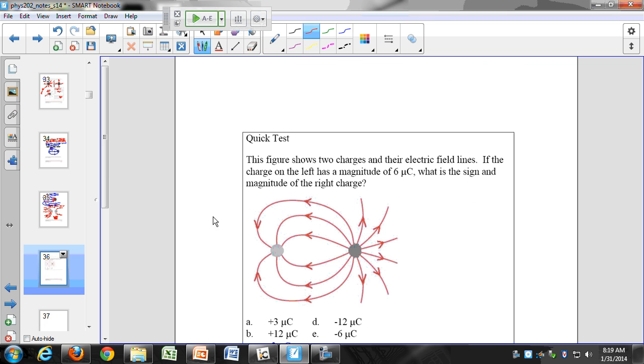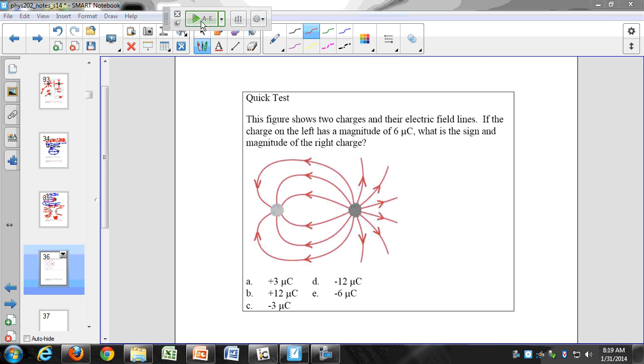All right, let's try this quick test, then we'll finish up that concept test. If you don't like this material, hang on, we'll be at circuits soon. Circuits are a lot more fun than this stuff. I think most people like circuits. Circuits are like puzzles.